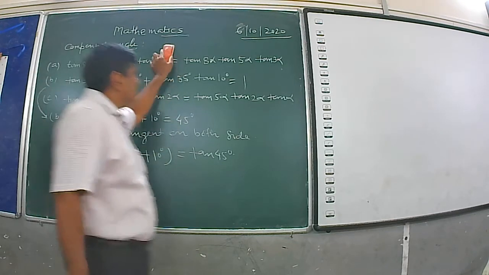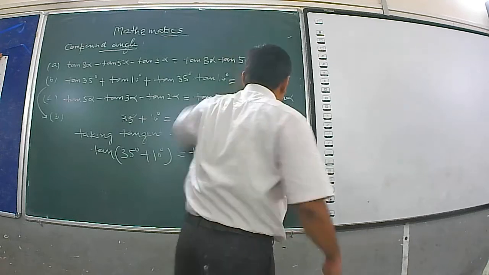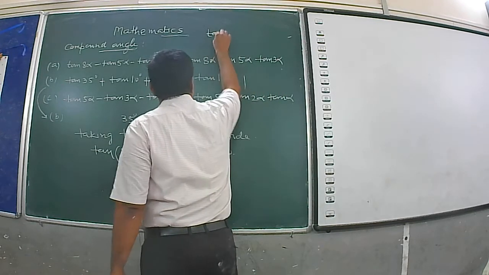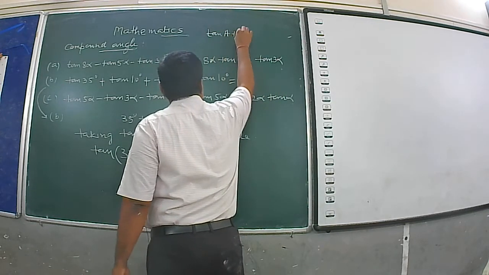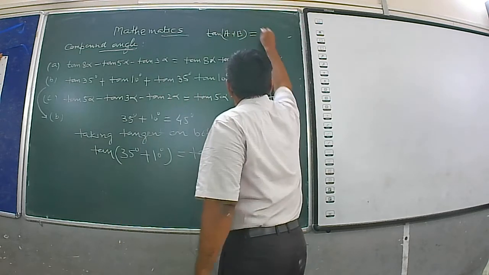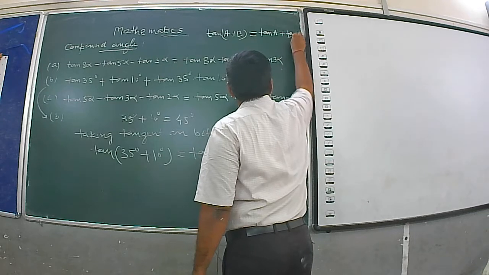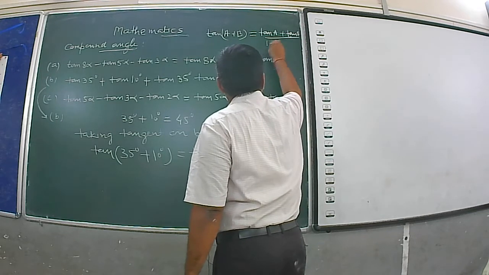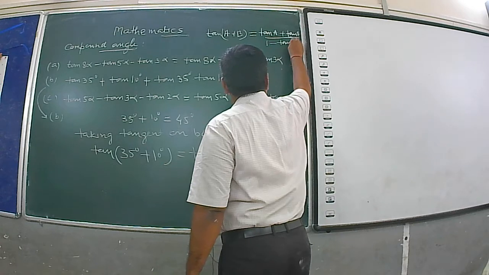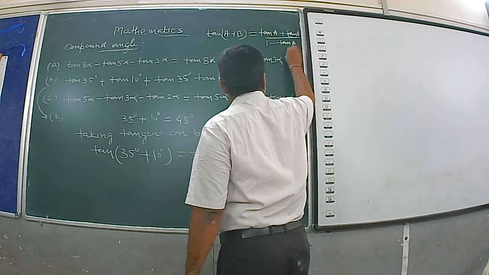Tan(a plus b) is equal to tan a plus tan b upon 1 minus tan a tan b.